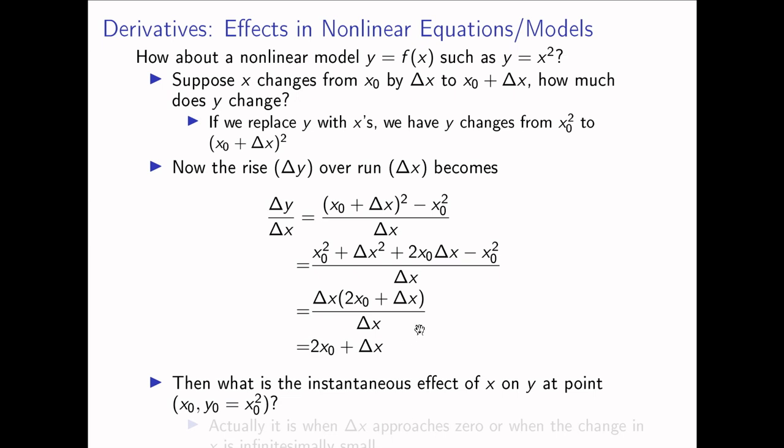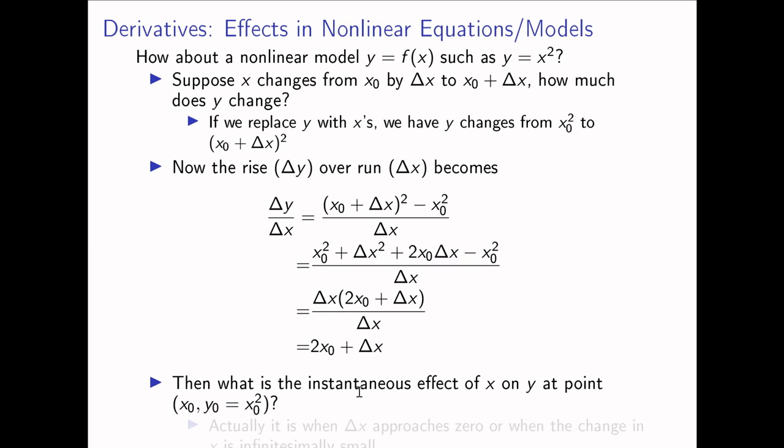So here, what we're trying to do is figure out the effect of x on y. This captures the effect of x on y, because we want to figure out, for a certain amount of change in x, what is the amount of change in y? And we're going to take that ratio.